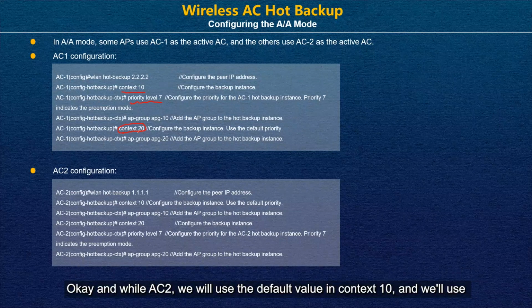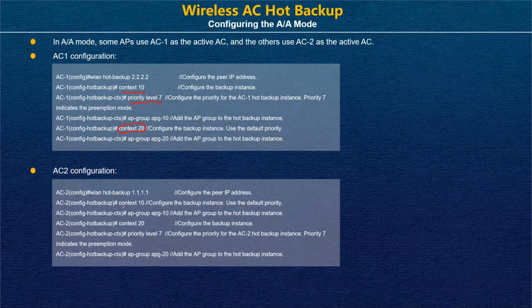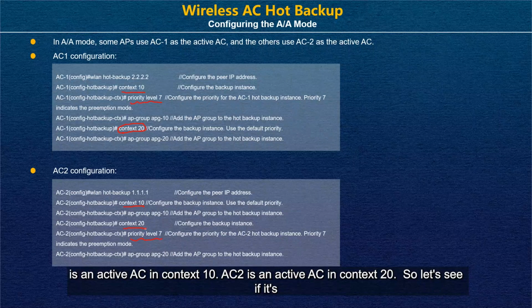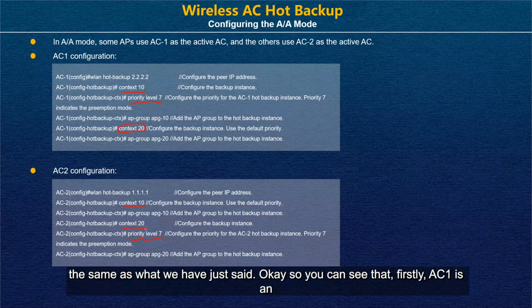Okay, and AC2 will use the default value in context 10 and will use priority level 7 in context 20. So in this case, you will find that AC1 is the active AC in context 10, AC2 is the active AC in context 20. So let's see if it's the same as what we have just said.